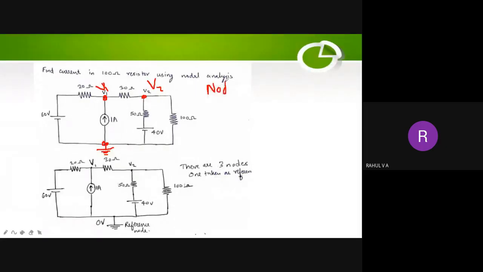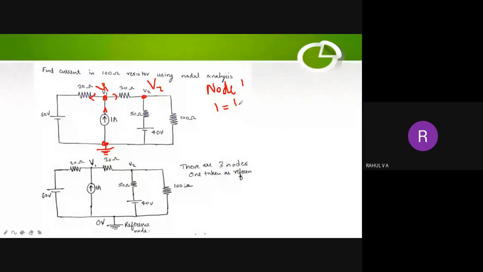At node 1 there are three current components, which have to be assumed as moving away from the node, but we have a current source whose direction indicates that the current is into the node. Current entering the node is equal to current leaving the node. The current leaving the node is I1 plus I2.